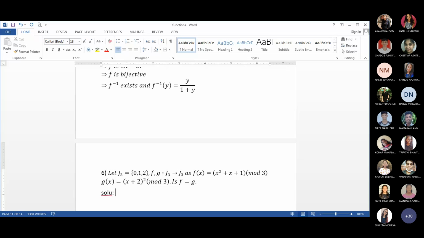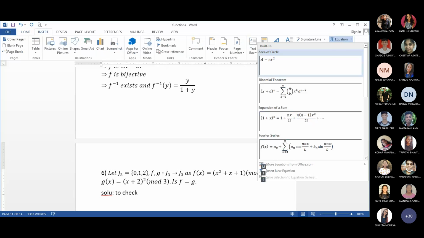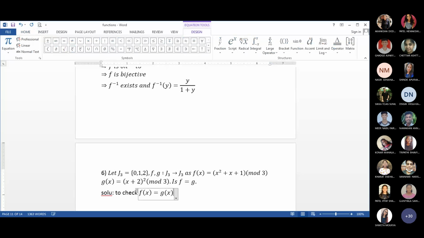So basically we have to check f of x is equal to g of x for all x in the domain, that is for all x belonging to J3.